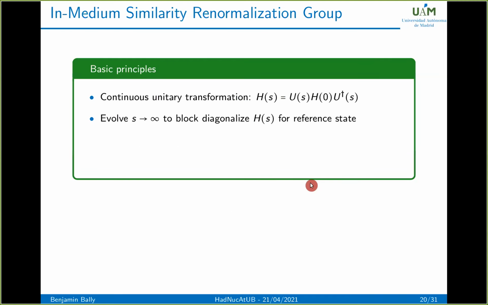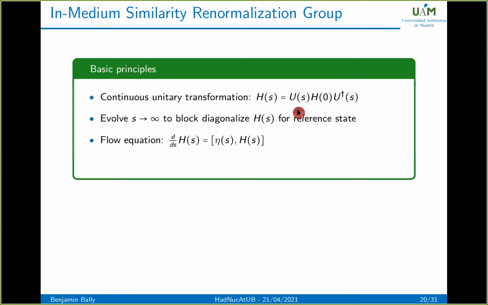If you don't know MSRG, I'm just going to explain very rapidly because it's going to be too technical, and I'm not even the biggest expert in the method. The principle is that if you start with your Hamiltonian, H0, you can transform it through a series of unitary transformations parameterized by a continuous variable S, and evolve S toward infinity such that you block diagonalize your Hamiltonian for a given reference state.